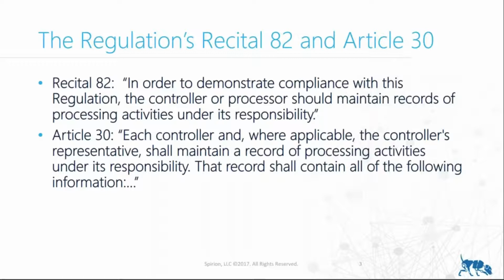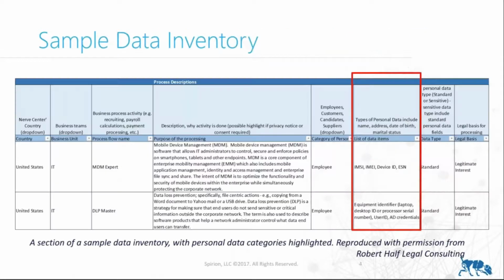And Doug, if we go to the next slide, I will show you a sample, and it's a very tiny sample, of a data inventory. This is about 2 lines of a probably 100 or so line document that I created when I was with Robert Half Legal, and Robert Half's been very kind in allowing me to reproduce this. I've changed the names to protect the innocent, but it's a real data inventory.